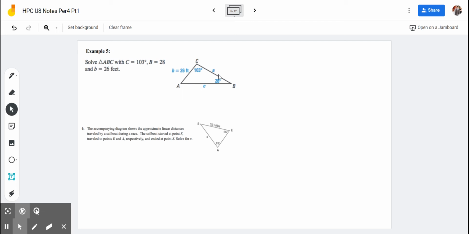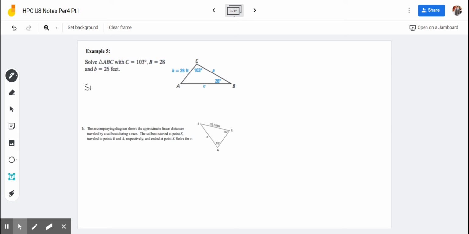So now we have to figure out how we're going to set up our law of sines ratios. We have one filled in ratio comparing side B to angle B. We have two angles given and a non-included side, which is one of the possible ways we could use it.